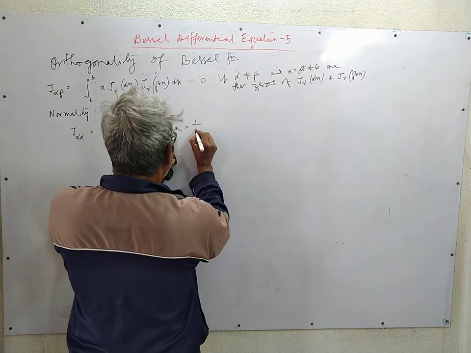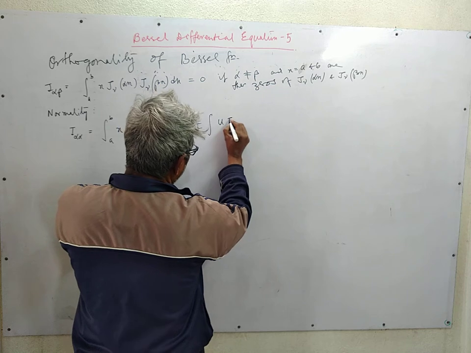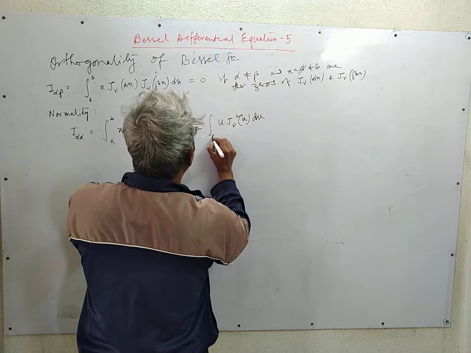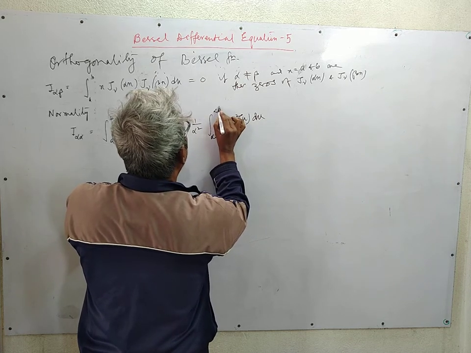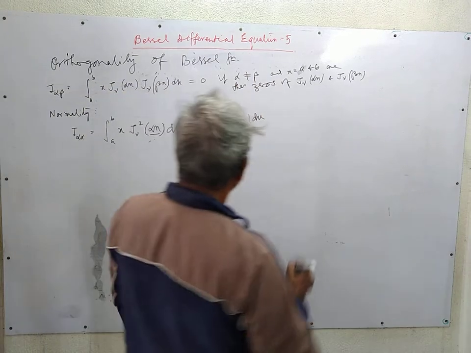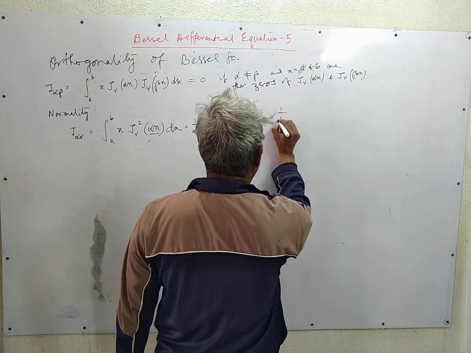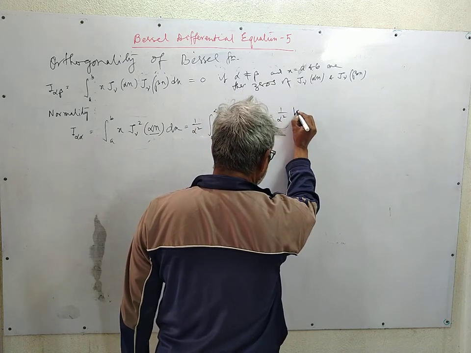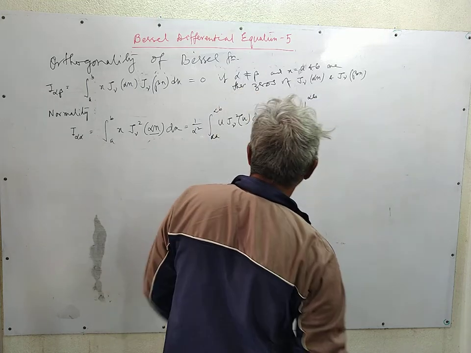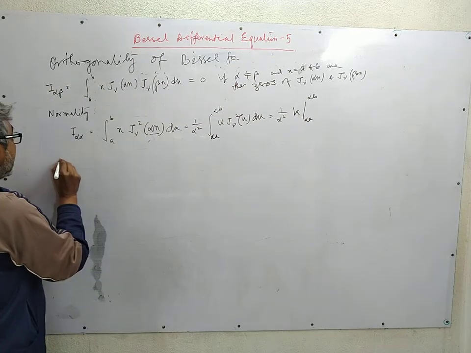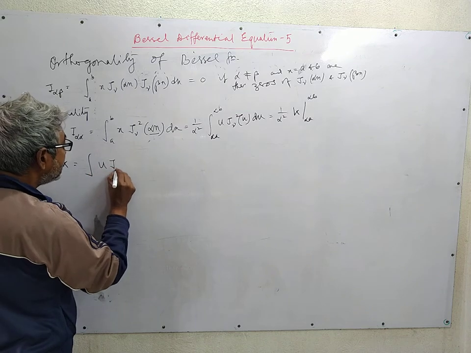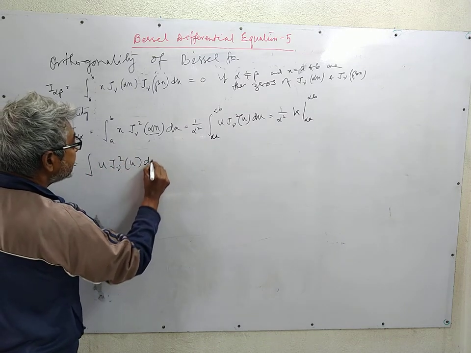So we have 1 upon alpha square integral of u [J_nu(u)] squared du integrated from alpha a to alpha b, because the limits in terms of u is this. We write it as 1 by alpha square some indefinite integral K with limits alpha a to alpha b, where we define K as indefinite integral u [J_nu(u)] squared du.